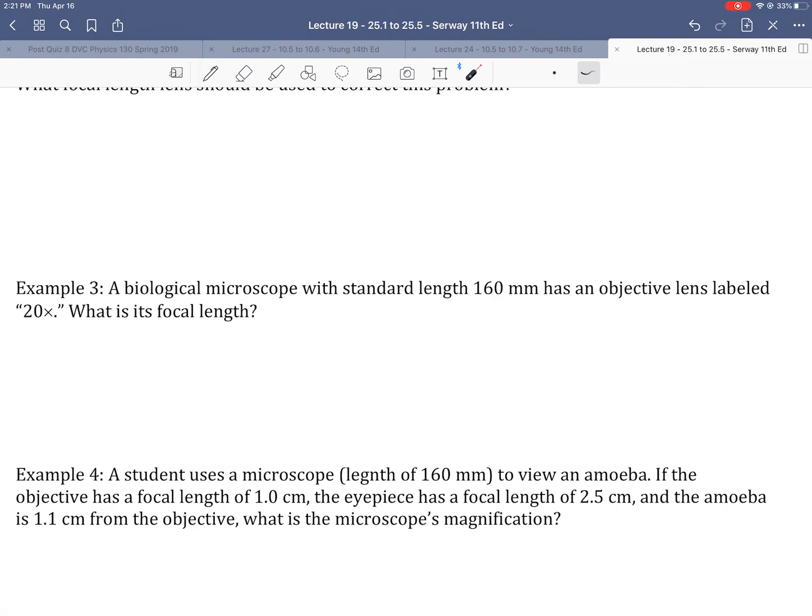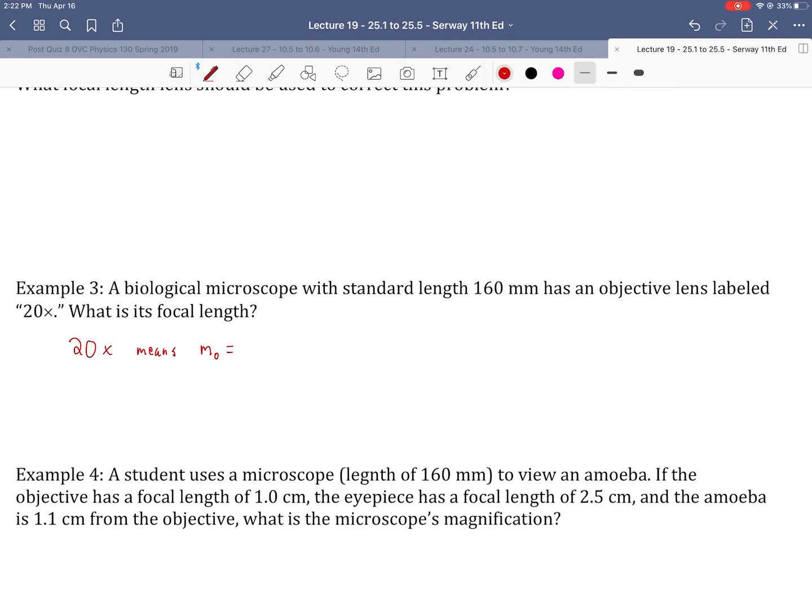Okay, so first we'll write what the 20x means. So 20x means 20 times magnification. So that would be MO for objective, and it would have to equal 20. All right. And let's think about this, right?